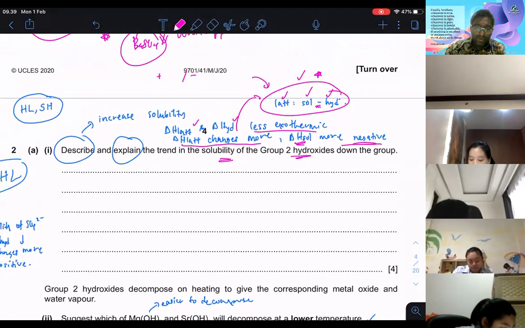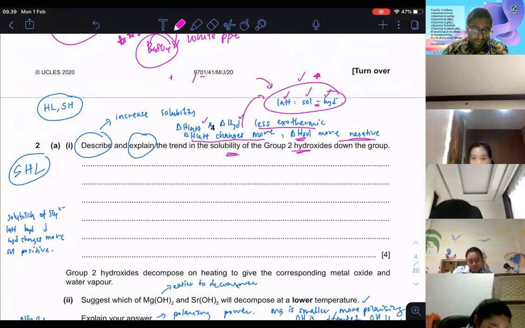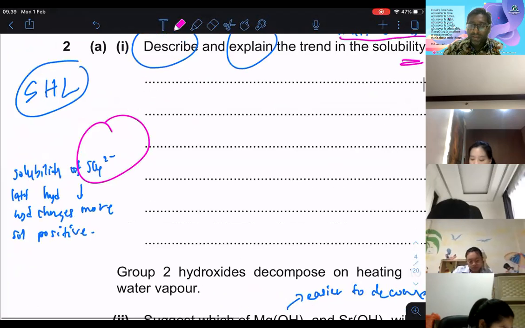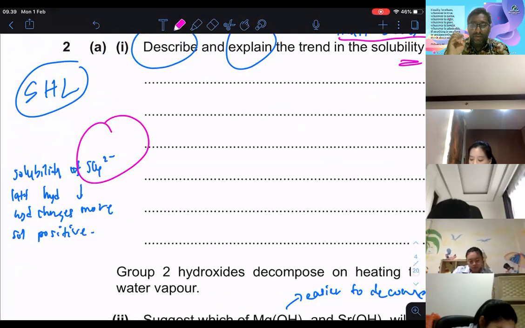So how if they ask this question related to sulfate? Your sulfate solubility will actually decrease down the group. Every explanation is going to be opposite to what we have explained for hydroxide.